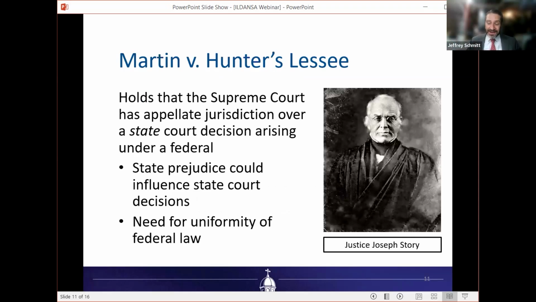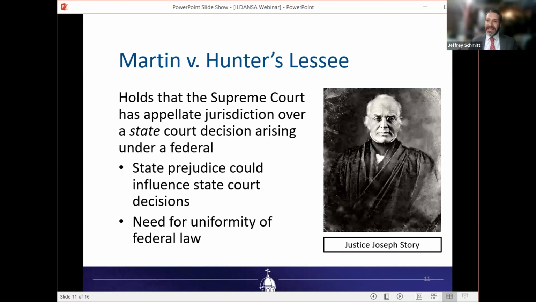The only point I wanted to make here is that the Supreme Court intervenes in another very early case. Martin versus Hunter's Lessee is in the early 1800s, and the court says, no, the Supreme Court can hear appeals from the state system because otherwise we would not have a uniform interpretation of federal law.